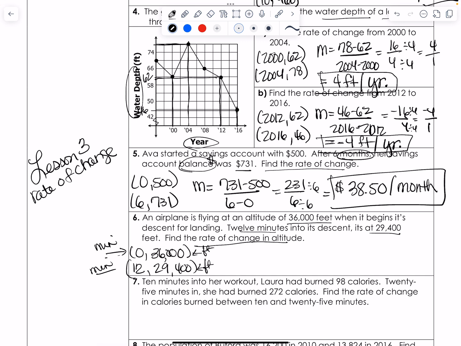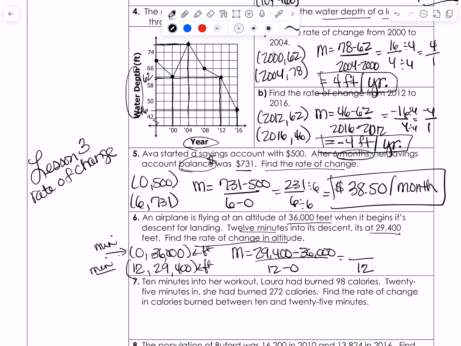Okay, so now we're going to take our slope formula. It's 29,400, sorry, let's start that over. 29,400 minus 36,000, and when you subtract 12 minus 0, you're going to get 12 on the bottom.